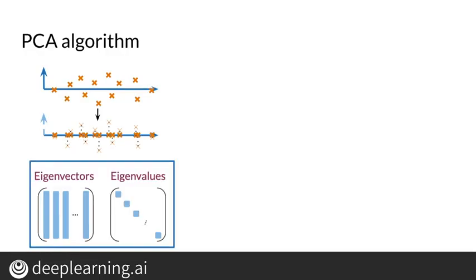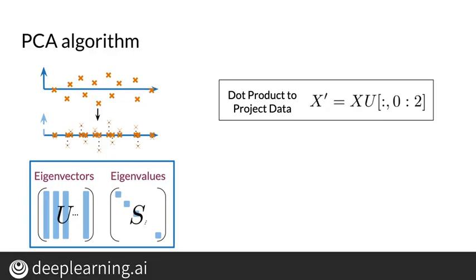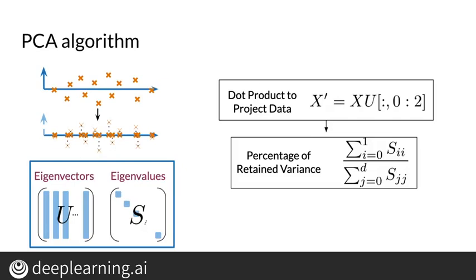You will be using the eigenvectors and eigenvalues in this step. Let's denote the eigenvectors with U and the eigenvalues with S. First, you will perform the dot products between the matrix containing your word embeddings and the first n columns of the U matrix, where n equals the number of dimensions that you want to have at the end. For visualization, it's common practice to have two dimensions.